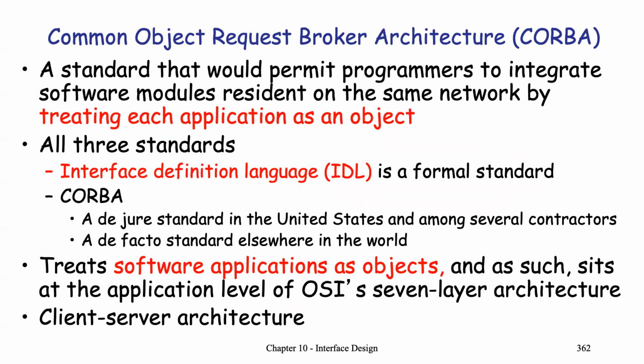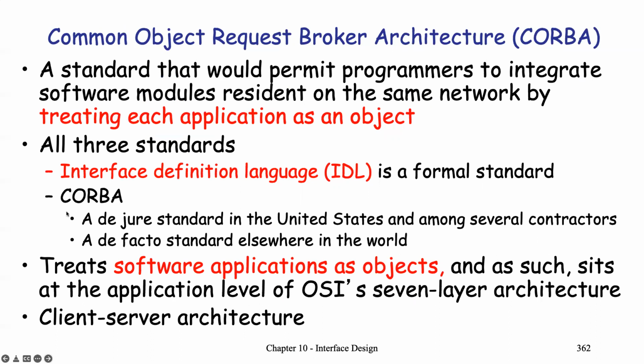There's also the Common Object Request Broker Architecture, CORBA. This is a standard that would permit programmers to integrate software modules resident on the same network by treating each application as an object. It uses the interface definition language, which is a formal standard.